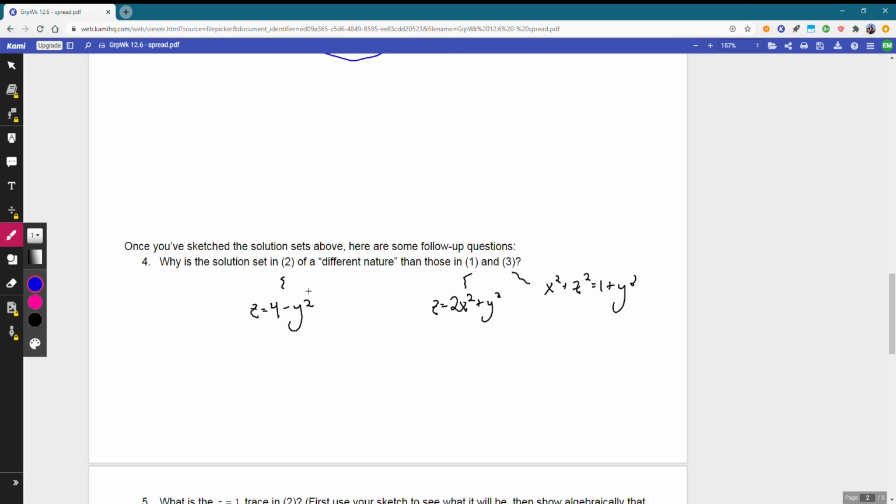So here I have the equations, and really what gave us somehow a different nature is that our equation from problem 2 was missing a variable. This only used 2 of our variables, and so that's what allowed us to take just one of our traces and extend it just the exact same in the x direction. Whereas over here, things change depending on what trace we took, because these involve all 3 variables.